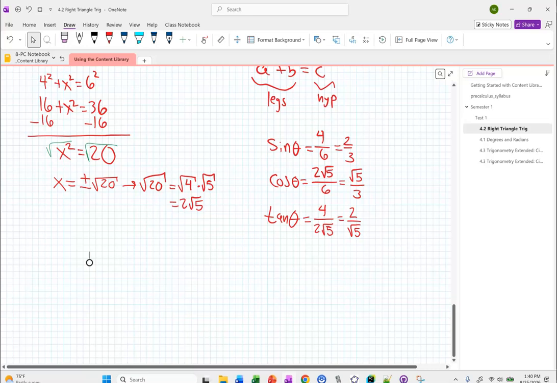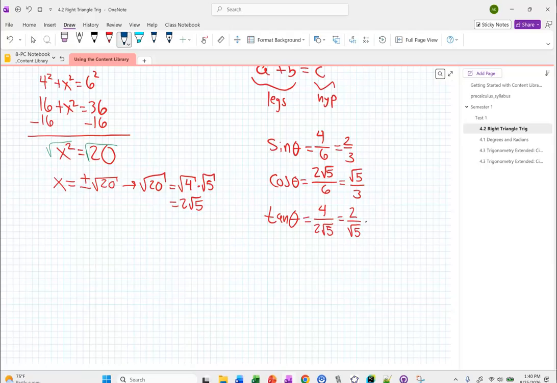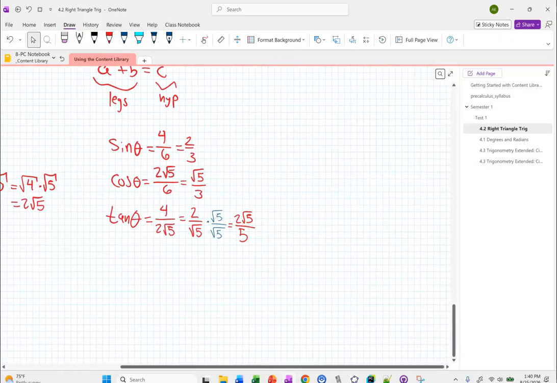I have a radical in the denominator of my fraction, so let's take care of that. So I have 2 root 5 over 5. So far, so good? Stop me if anything's a problem, right? Okay.